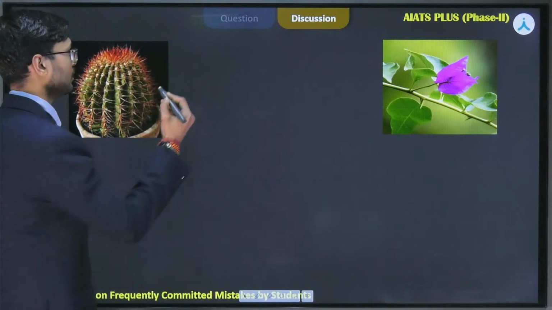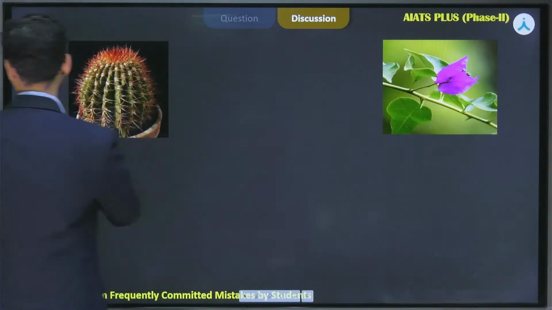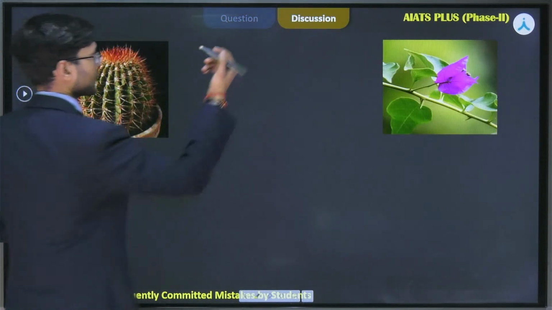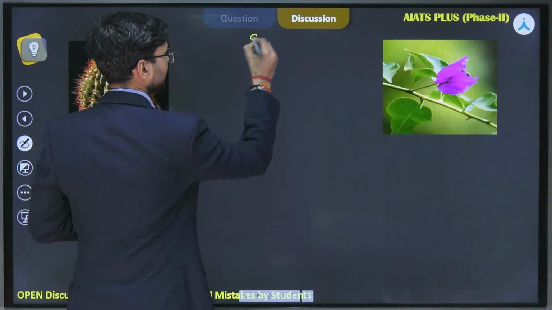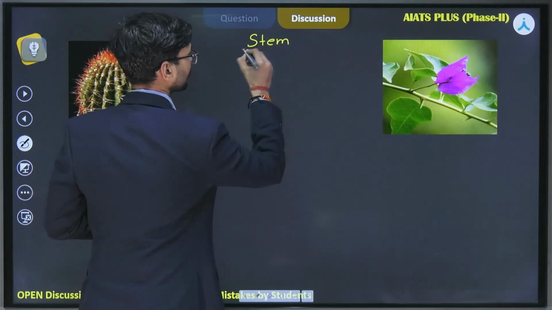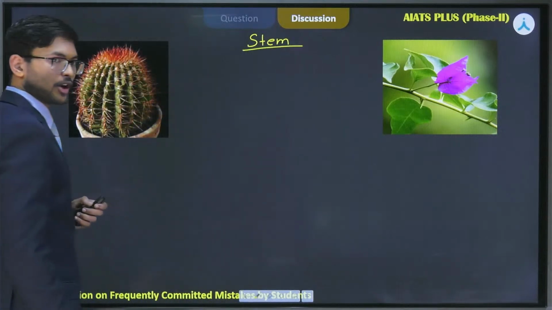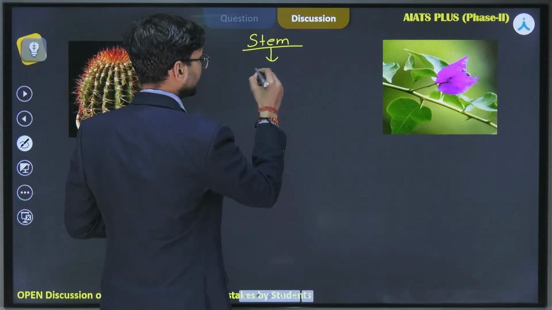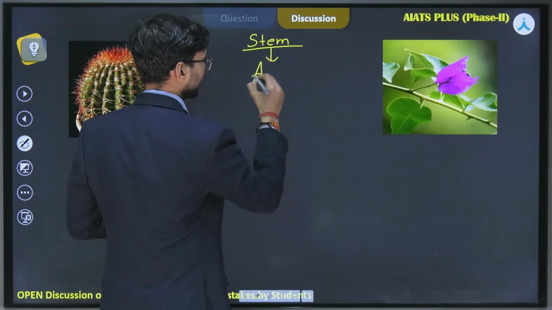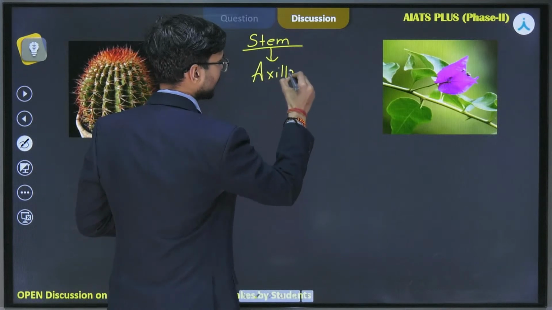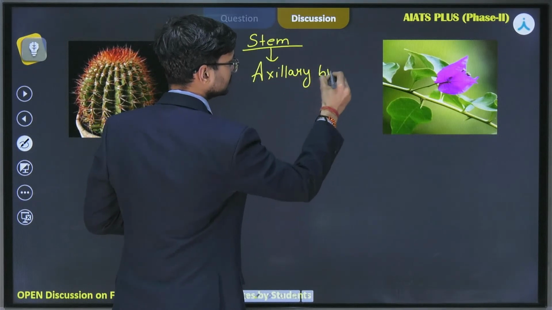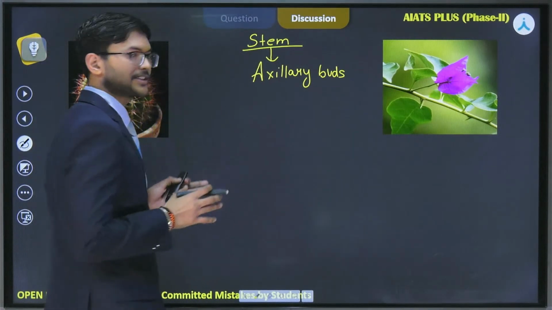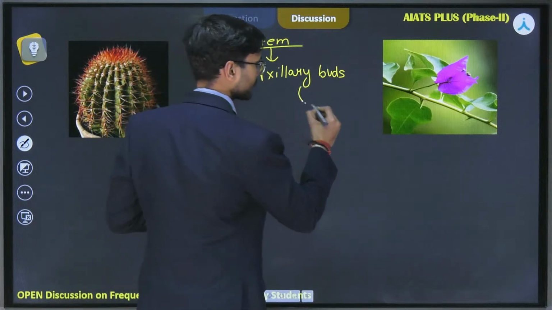Now, if you see the stem modification, in case of bougainvillea you will find that the axillary positions in the stems have axillary buds, which modify into sharp pointed woody structures that are called thorns.